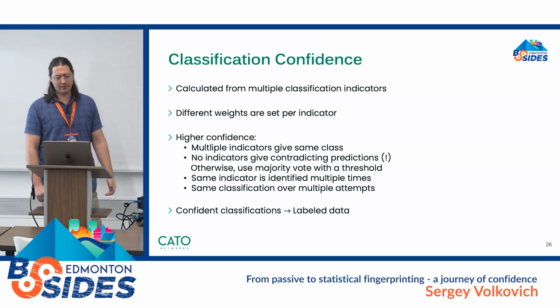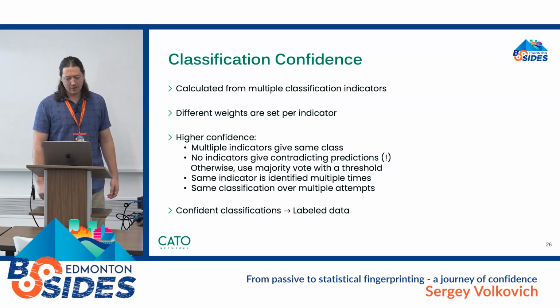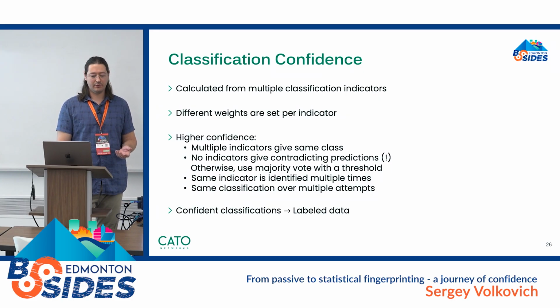DHCP vendor class, as mentioned, is a strong one. Indicators that come from clients on devices are obviously given higher priority. In general, we will be giving higher confidence when multiple indicators classify a device with the same class, and more important than that, there are no clashes between the classifications, no contradictions.